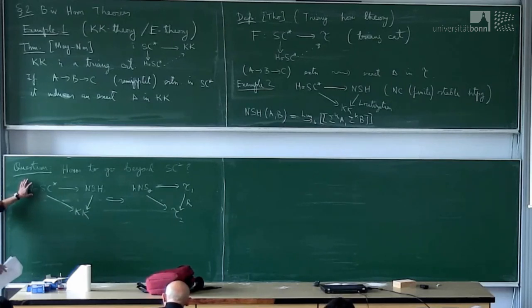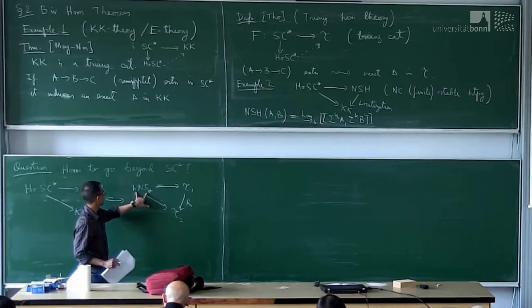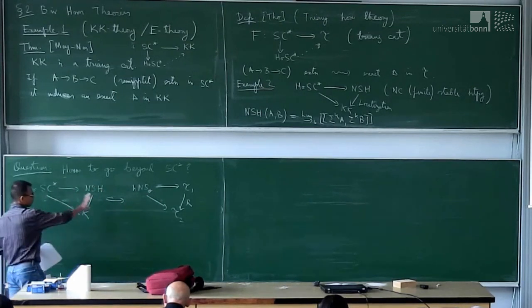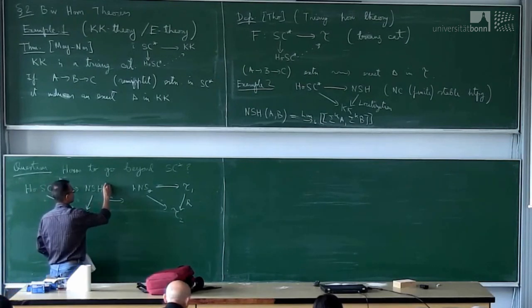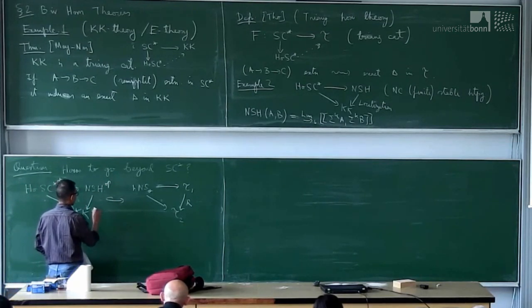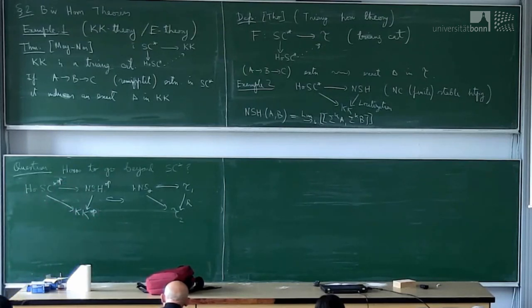So this was already receiving a map from the opposite of the category of separable C-star algebras. So in order to faithfully extend this diagram, I have to put op everywhere. So this is what we want, and we want some compatibility conditions.